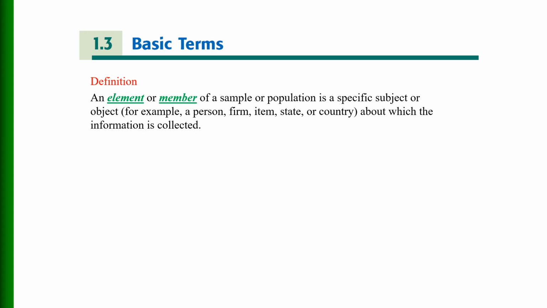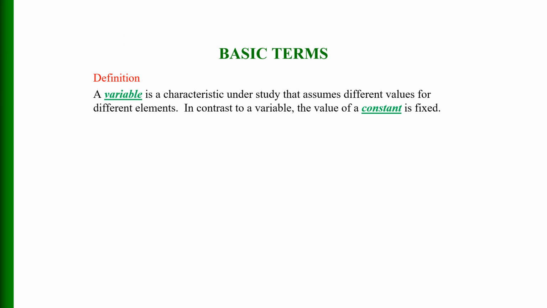An element or member of a sample or population is a specific subject or object, for example, a person, a firm, an item, a state, or a country about which the information is collected. Then we have variable.